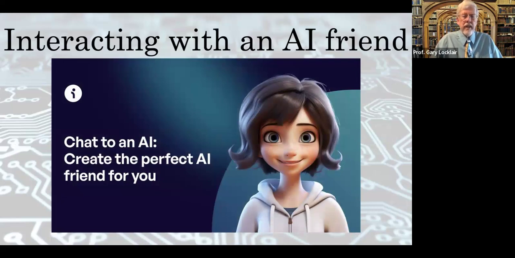Now, let's move to another type of interaction. Interacting with an AI friend. Is there a line between artificial intelligence as an assistant, like the personal digital assistant on your phone, and artificial intelligence as a friend?